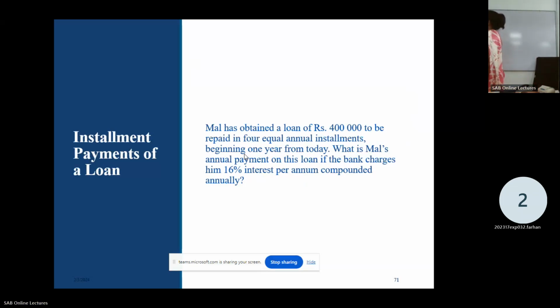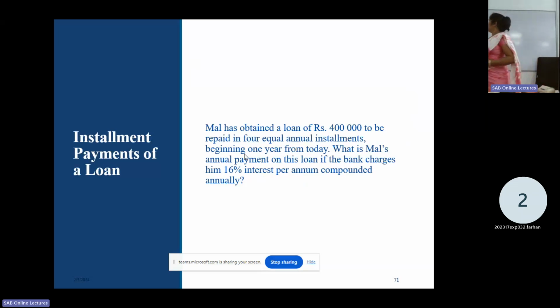The annual interest rate is 16%. Loan period, 4 years. Now calculate the annual installment of this loan.